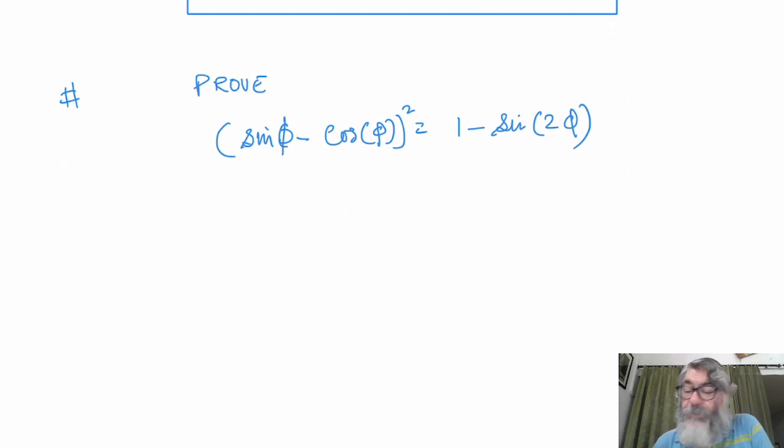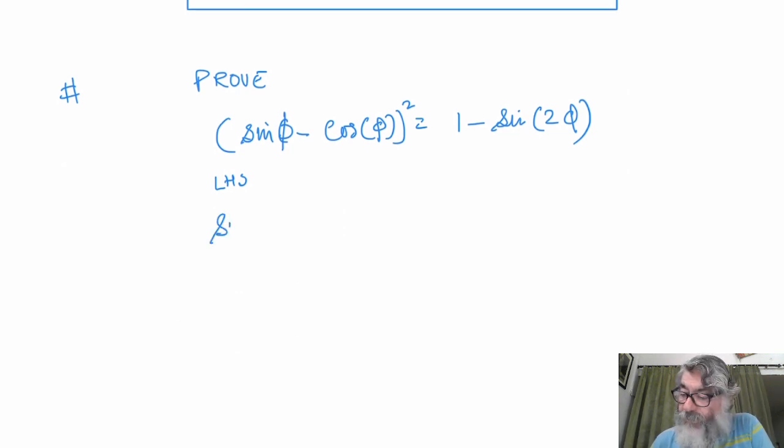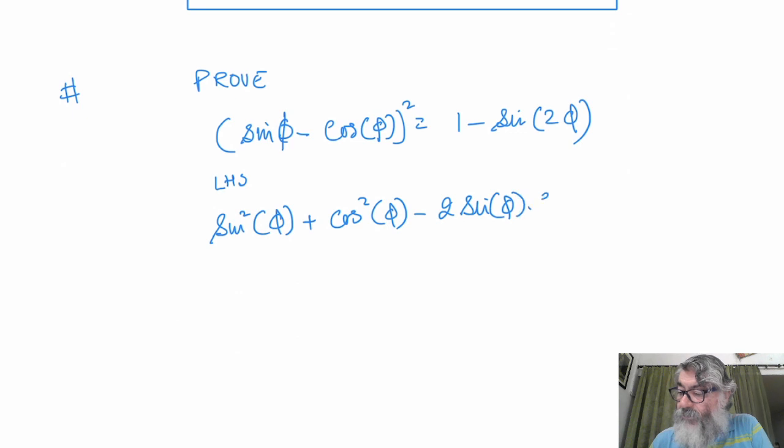So what are we doing? Let us open the left hand side. What is left hand side? Sin phi minus cos phi whole square. A minus b whole square is a square plus b square minus 2ab. It is sin² phi plus cos² phi minus 2 sin phi cos phi.